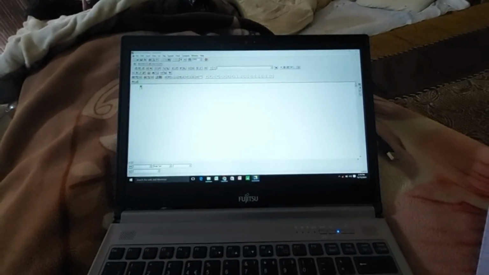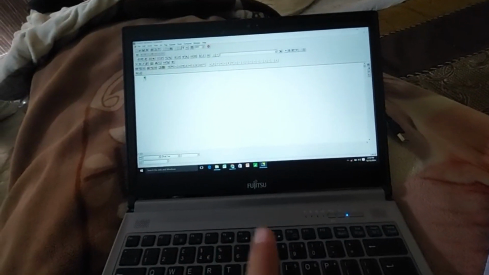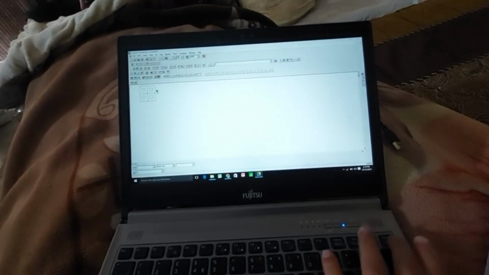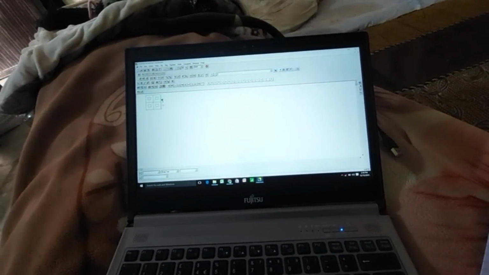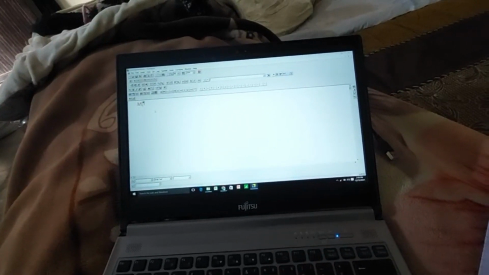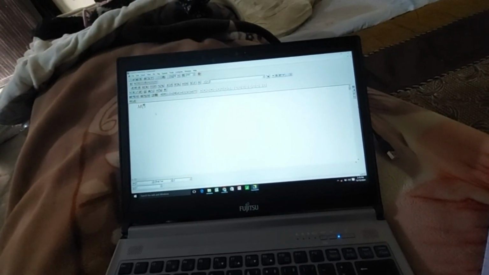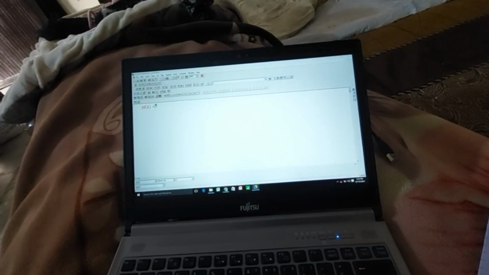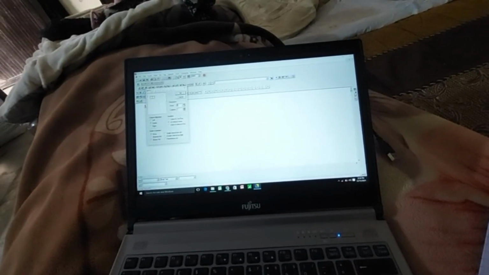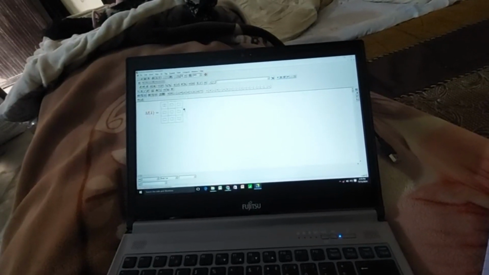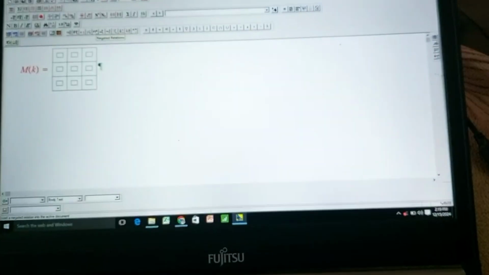I need to define the function first, which is M of k is equal to a matrix. This is a 3 by 3 matrix, because we have 3 states.